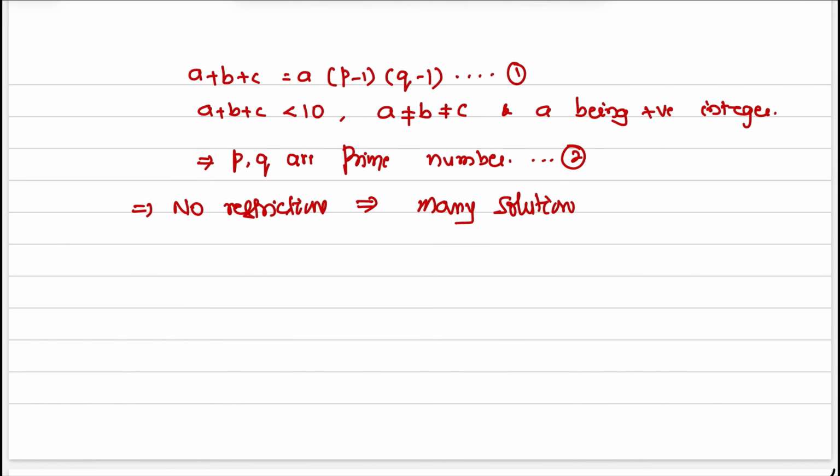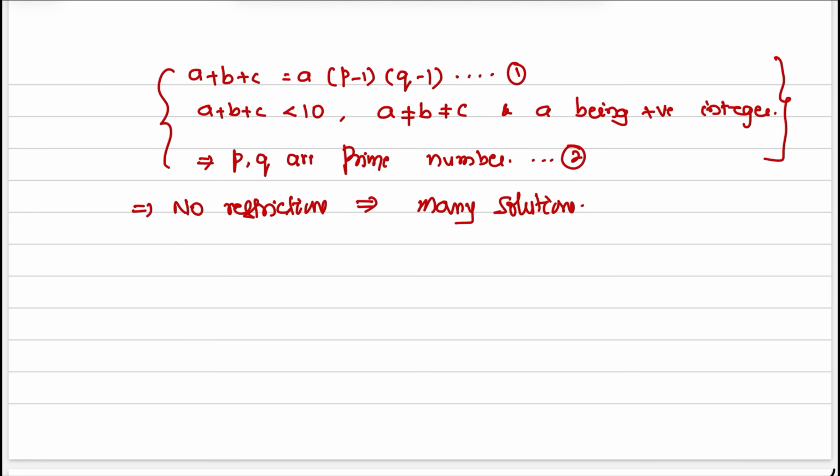If there are conditions like a plus b plus c is less than 10 and a being a positive integer, then we have a limited number of solutions. On the basis of the question given in the examination, you try to find the solution and the number of solutions. This is a mix of set theory. You have to understand the meaning of the equation given.